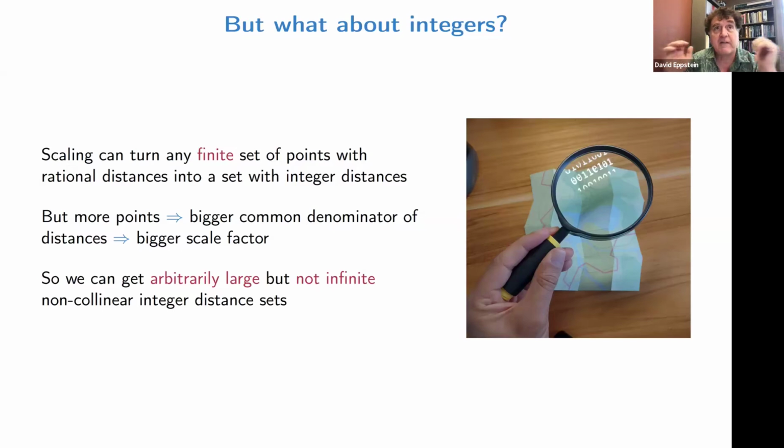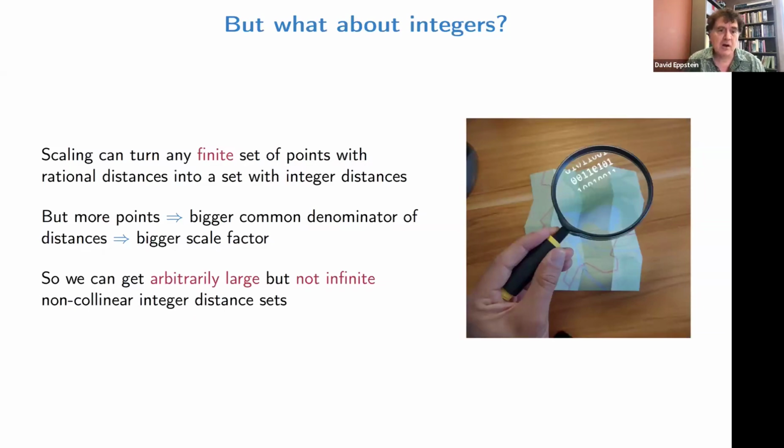If you have a set of finitely many points with rational distances, then you can just scale them to get the distances to be integers. Find a largest common denominator of all the distances, scale them by that scale factor, the distances turn into integers.